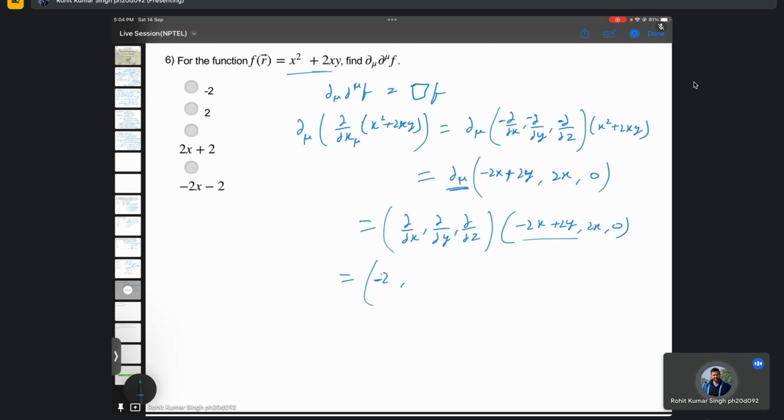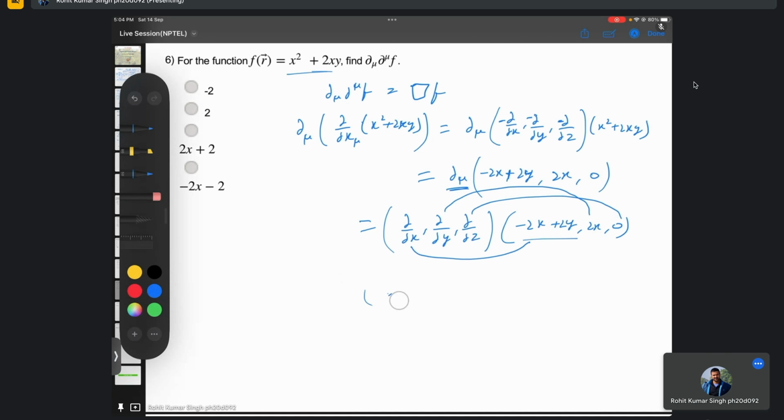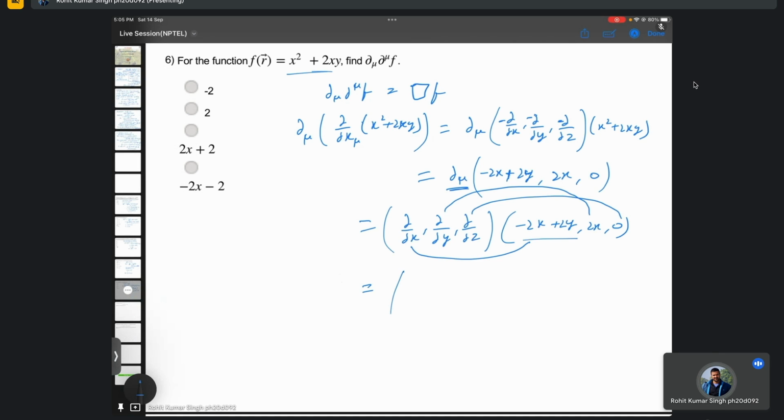Yeah, okay. So this will be multiplied with this, this will go with this, and this will go with this. Okay, so let's write another step, and then it will be clear. So it will be like this.